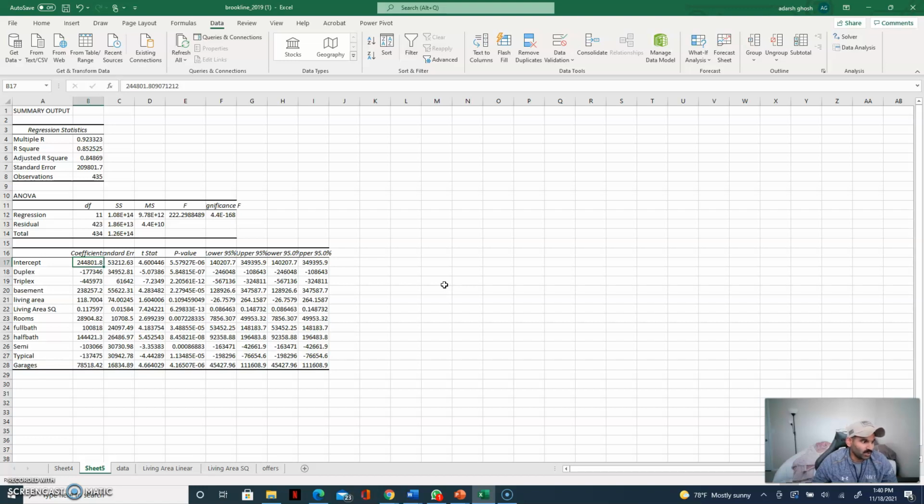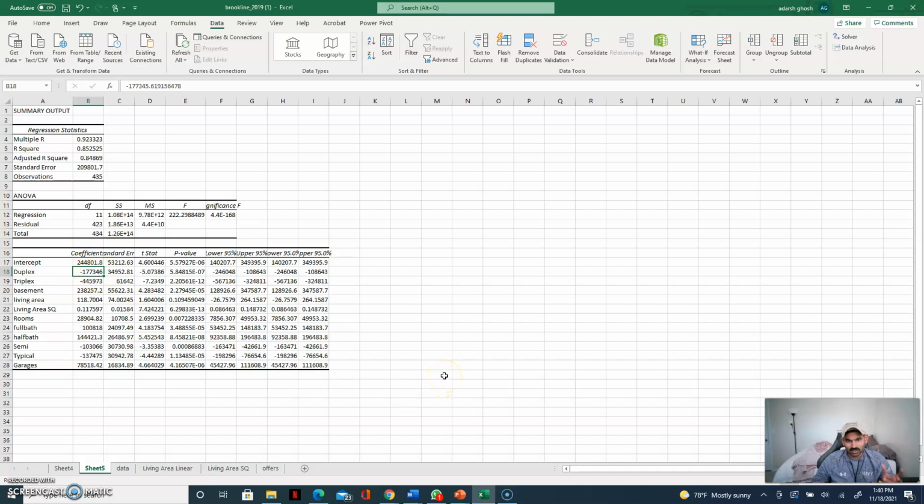And so when I interpret the coefficient on the dummy variable duplex, assuming all else constant, if the place that I'm buying is a duplex, it will on average have an effect of -$177,346 off the intercept here.